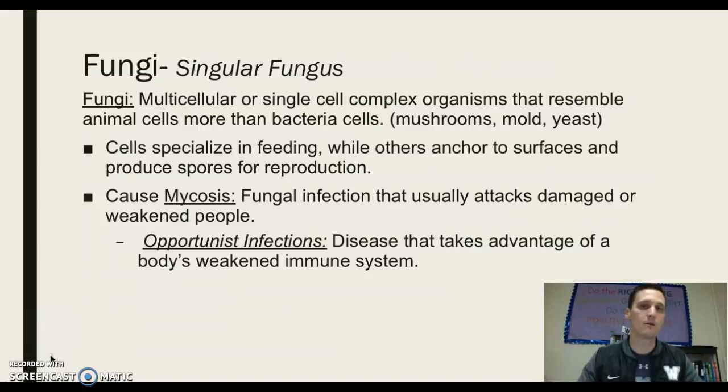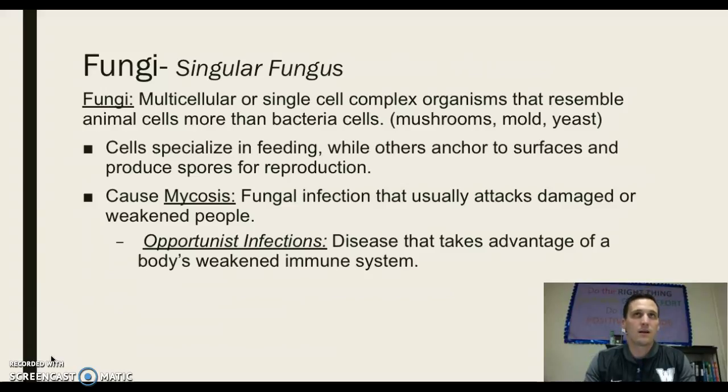Fungi, or the singular fungus, are more complex. They're larger than bacteria cells. They can be multicellular or single-cell complex organisms that resemble animal cells more than bacteria. For instance, these include mushrooms, mold, and yeast.